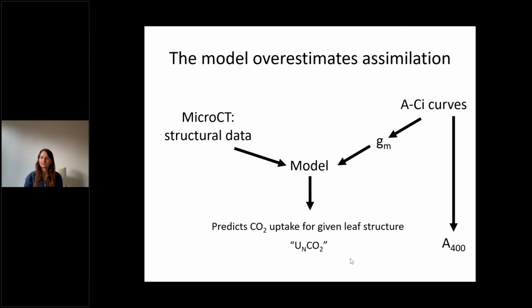Now, there's quite a number of reasons why this could be, and my understanding, though I'll admit I'm not a modeler, is that it's very common to find these sorts of numerical mismatches in these sorts of models. So I have spent quite some time thinking through the different assumptions underlying the model, whether they are likely to explain this, or whether we might expect them to cause the opposite trend in under-predicting assimilation.